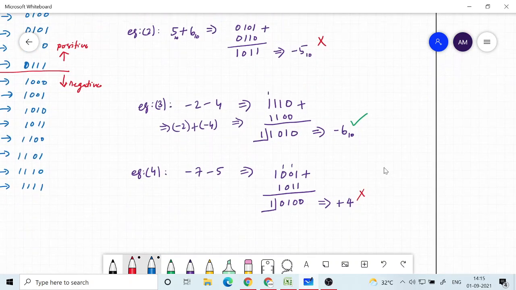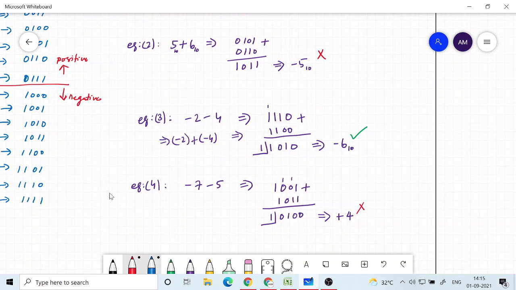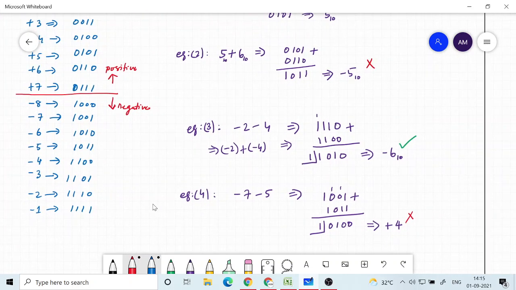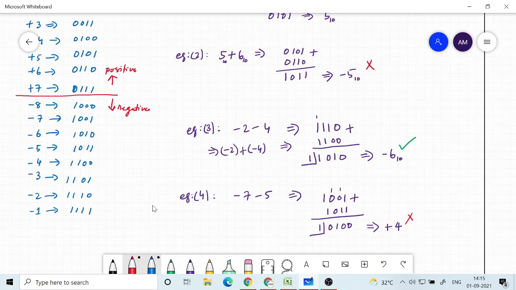So there are two cases where we got overflow. Is there any other possibility? If you add a positive number with a negative number, or a negative number with a positive number, can we have overflow? It will not create overflow, because the result will be smaller in magnitude than either of the two. If you are adding, say, +8 and -4, you will have +4 as the answer.